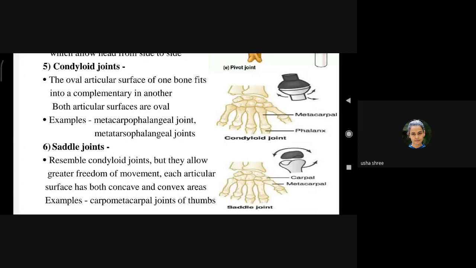Condylar joints. The oval articular surface of one bone fits into a complementary oval surface in another.